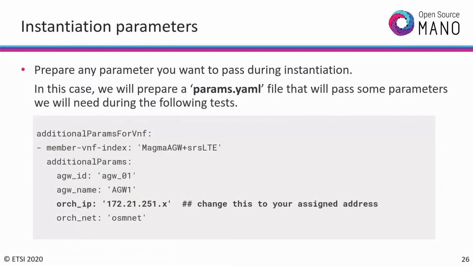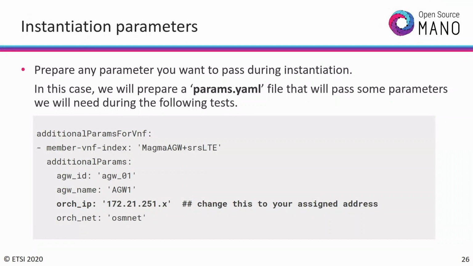But we will prepare for the next sessions. We don't need this right now, but I prefer to build this earlier in the week to explain this a couple of times so that you understand. What we can do in OSM is pass some parameters.